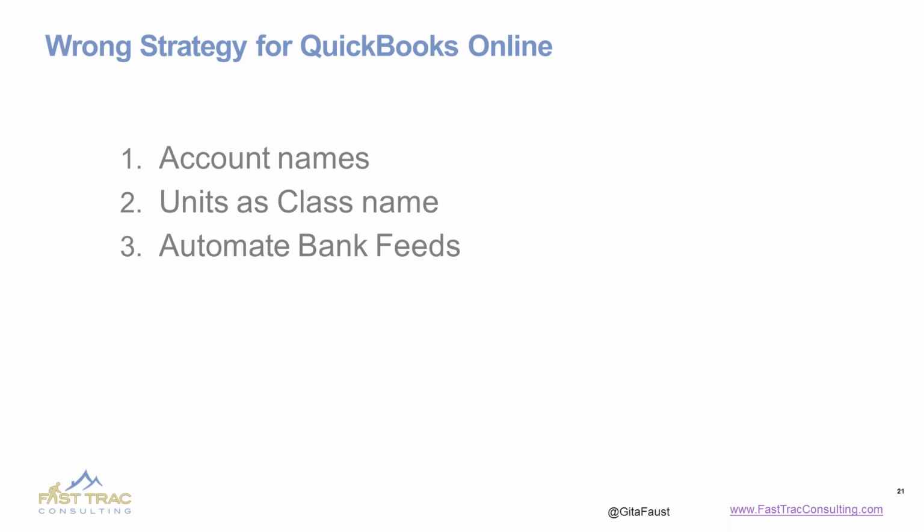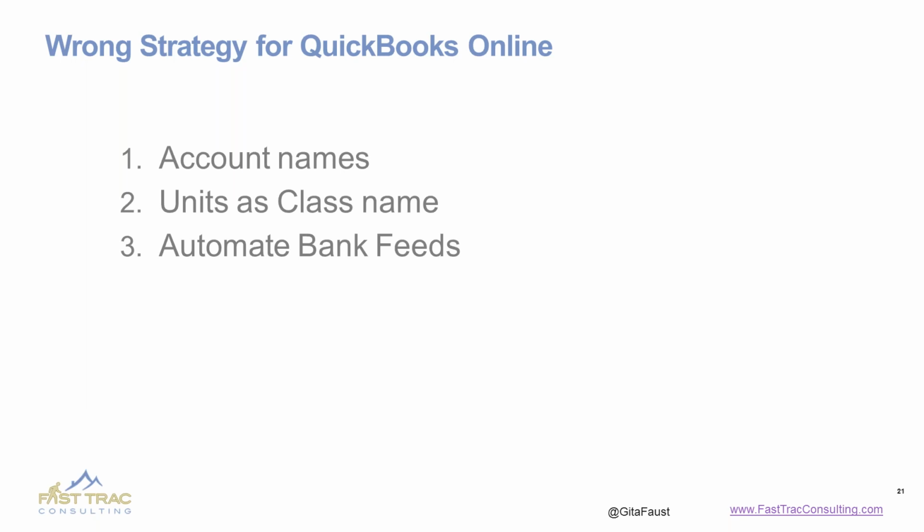Automating your bank feeds. I love that feature and I hate it as well. So why don't we use automated bank feeds? Say you're managing 10 properties and you have 10 utility bills coming in. But when you enter the transaction using the bank feeds, it does not specify which property it is for.